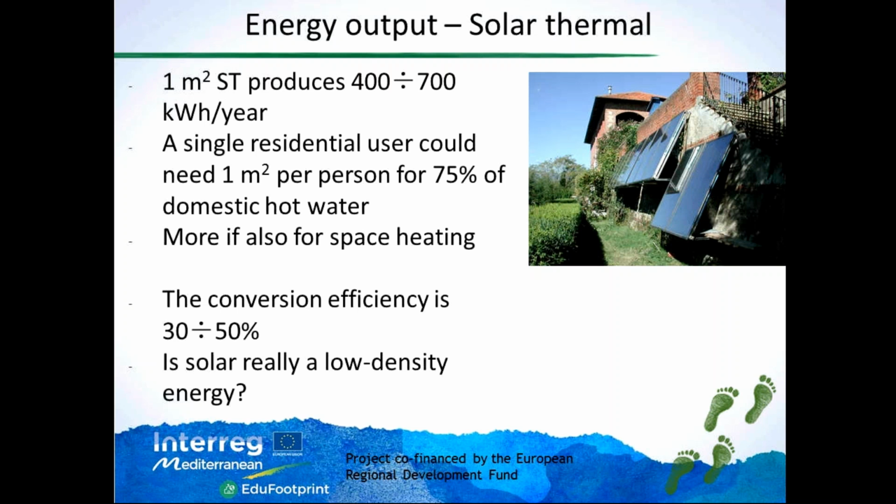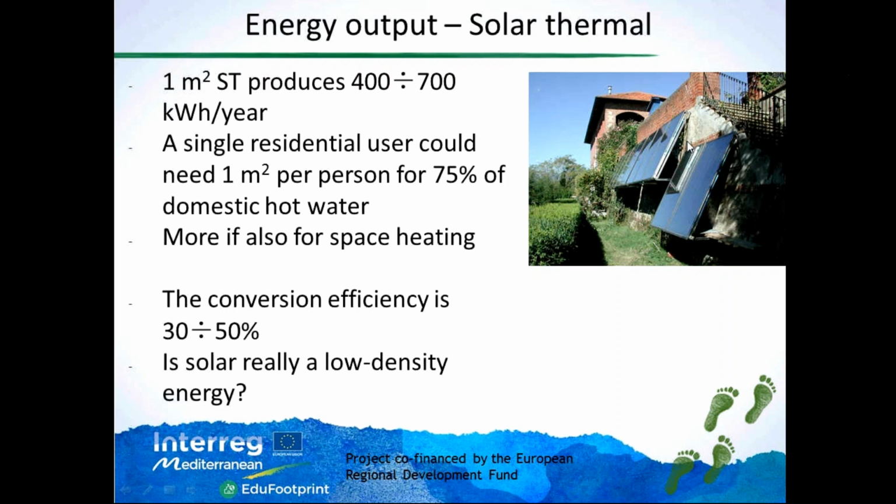Of course, if we want to cover not only the domestic hot water need, but also partially the space heating load, which is usually much higher than the domestic hot water need, especially if the house is not very well insulated, then of course the size of the solar thermal plant becomes much larger.